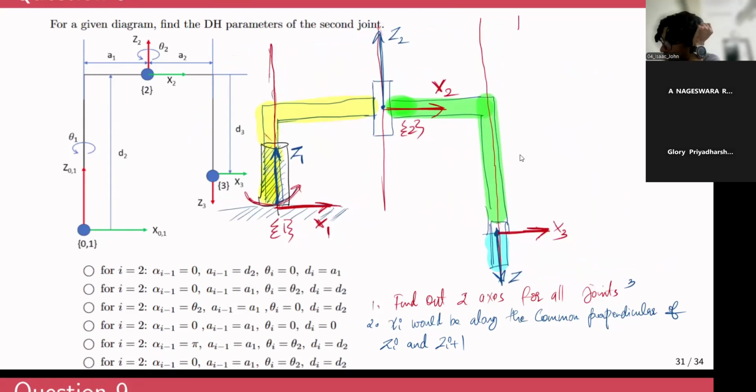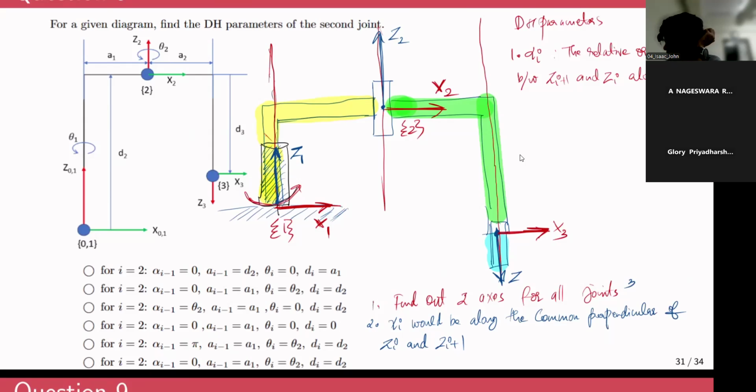The first DH parameter is alpha i. This is nothing but the relative orientation between zi plus 1 and zi along xi.